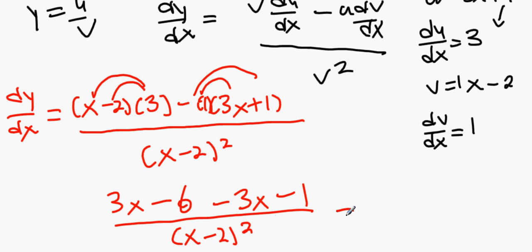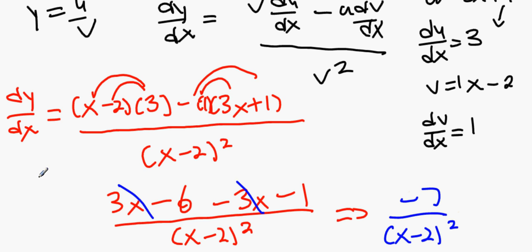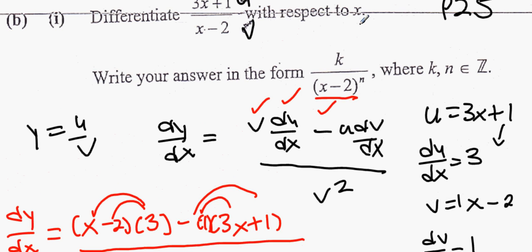And what we have here now is 3x minus 3x cancel each other out, and we get minus 7 on top and x minus 2 squared on the bottom. So we have minus 7 over x minus 2 squared.